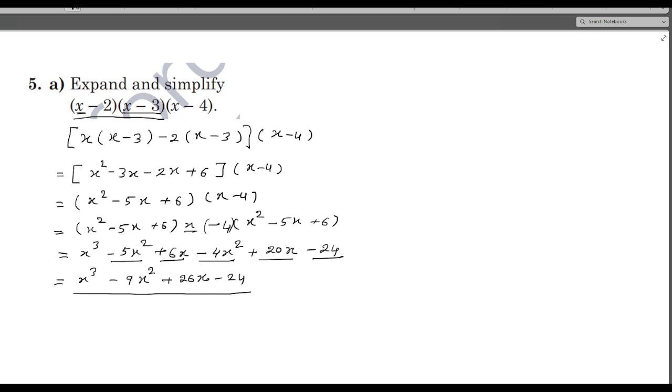Okay, again one more question. You can pause the video and solve this B part yourself. Here in B part, you have to expand 2x minus 3 the whole cube. Now 2x minus 3 the whole cube means it is 2x minus 3 into 2x minus 3 into 2x minus 3.